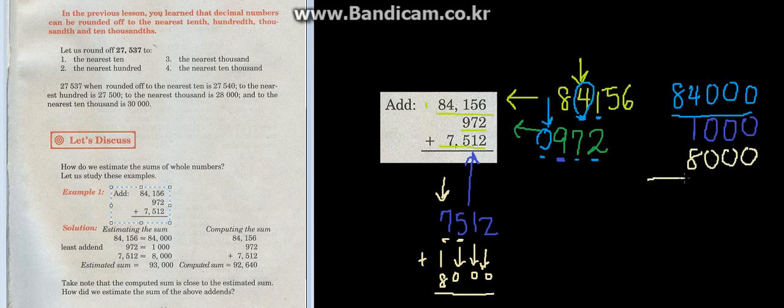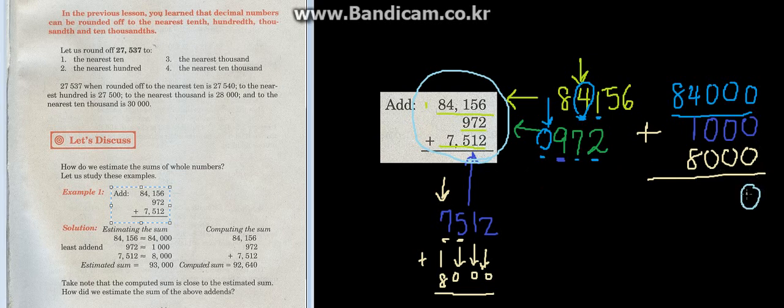After we round off the numbers, we will add. And this is actually much easier than adding these three numbers, because you have a lot of zeros here, right?